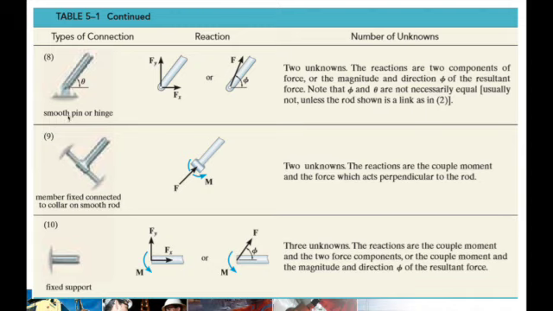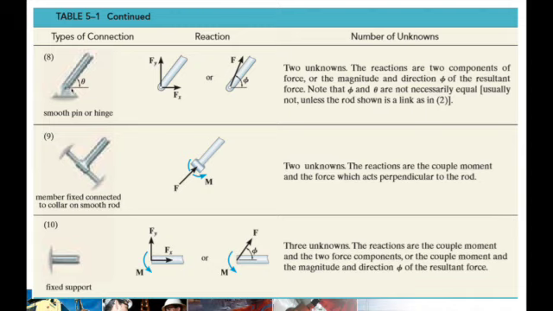Okay, now we go to a smooth pin or hinge. This is also one of the common connections that you will see in our next problems. As you can see here, now it's different. There are two unknowns. The reactions are two components of force. So why is that? We said there is a support reaction when translation is prevented in the direction of motion.